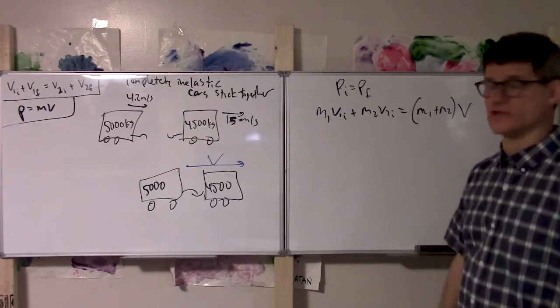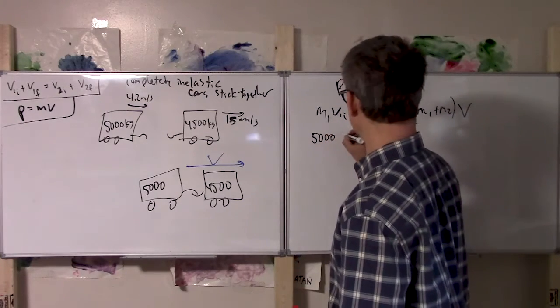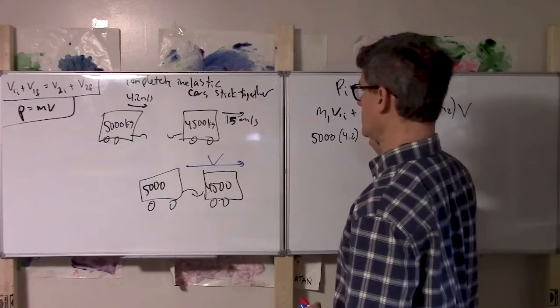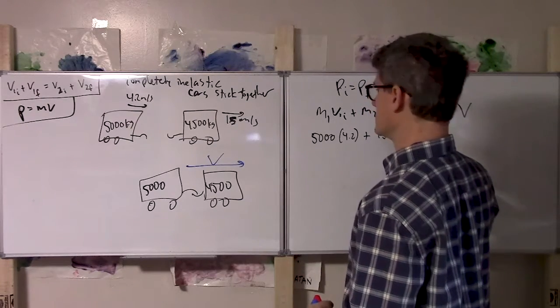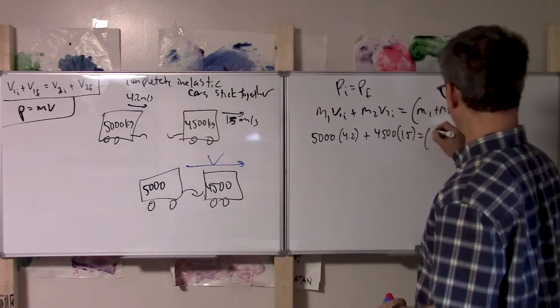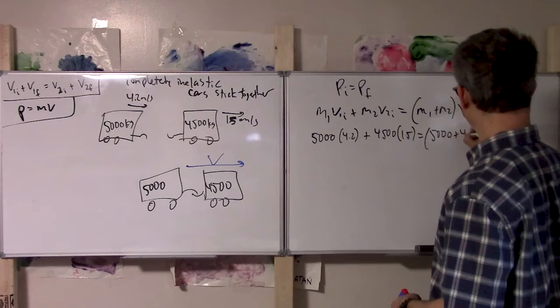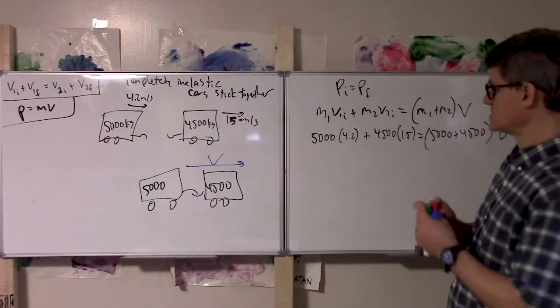They're together, so it's one velocity. All right, numbers here. 5,000 times 4.2 plus M2, which is 4,500, times 1.5 equals 5,000 plus 4,500 times big velocity V.